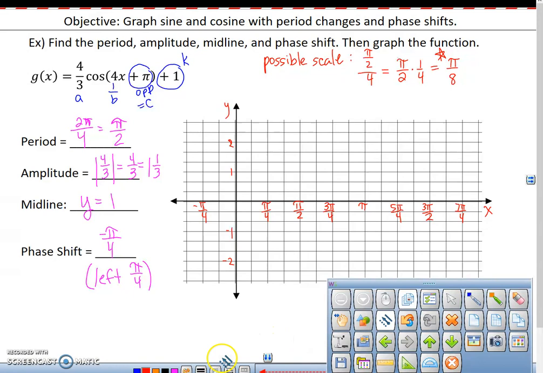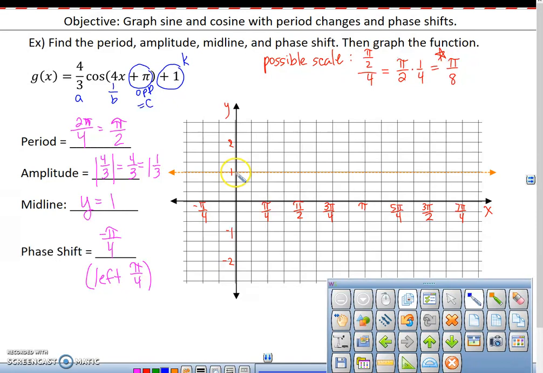So midline is at y = 1. So here is my midline. Going back, cosine starts at 0, 1. What's going to happen to it?